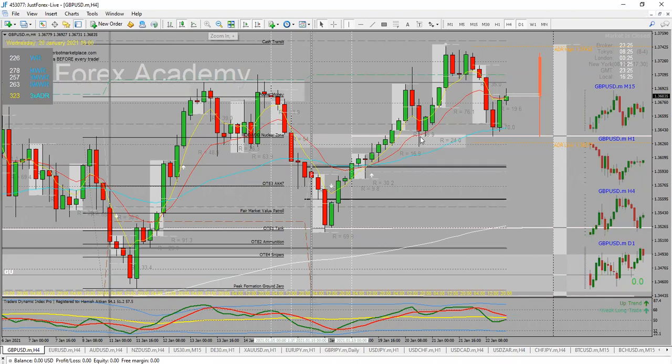And look how they use the flip zone on these days. It was on Wednesday. We bounce on a flip zone from the swing low. Then they come on Friday again and bounce on the flip zone.